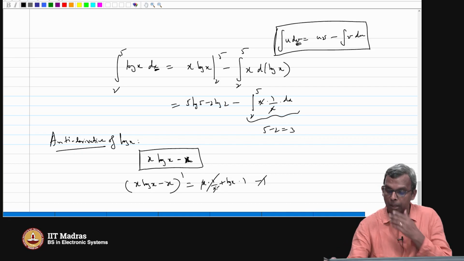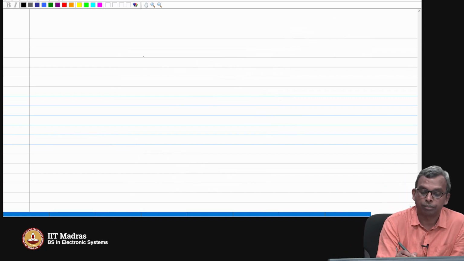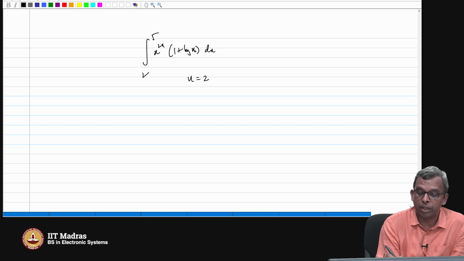We just now saw this, but let me do it for you. If you do integral 2 to 5 x power 2x times 1 plus log x dx, the first substitution to try is u equals x power 2x.